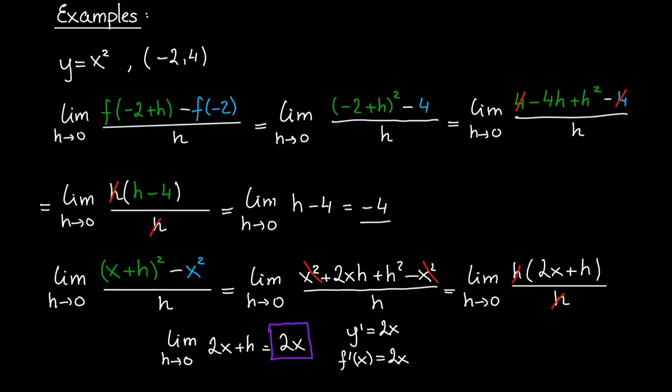Or the third, most mathematical and professional way to write derivative would simply be dy/dx is equal to 2x. dy simply means we are differentiating the function y, and dx means we're differentiating it with respect to the variable x. And 2x here would be the general expression for all of the slopes on the curve of x squared.